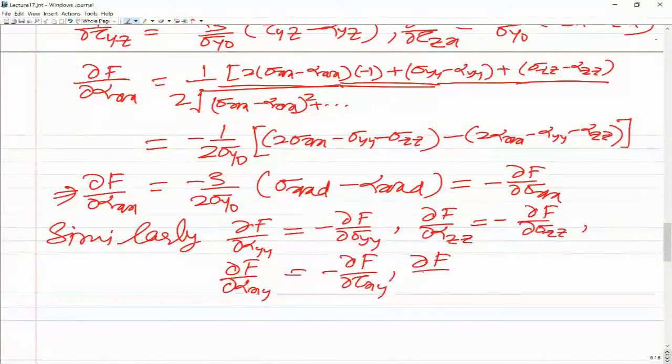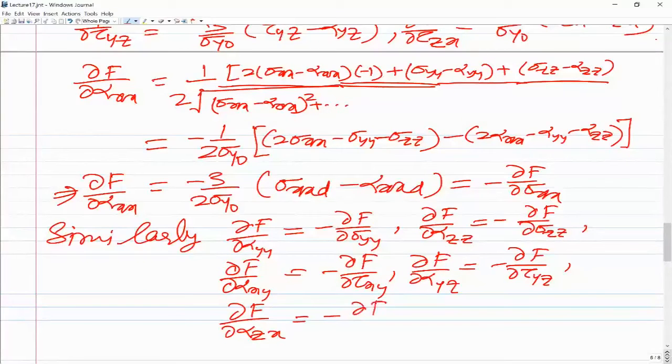Del f by del alpha yz would be equal to minus del f by del tau yz, and del f by del alpha zx will be equal to minus del f by del tau zx. So yeah, these are the relationships you get.